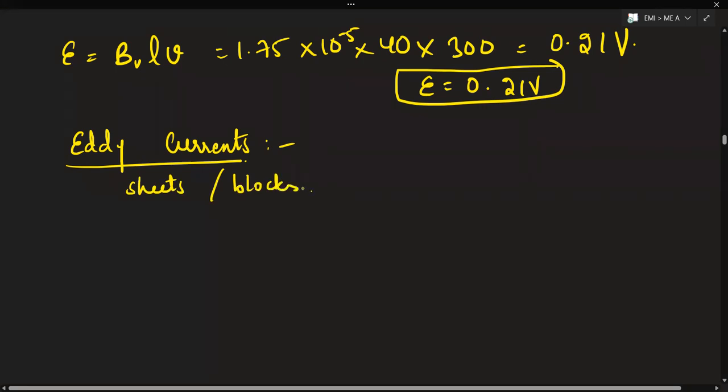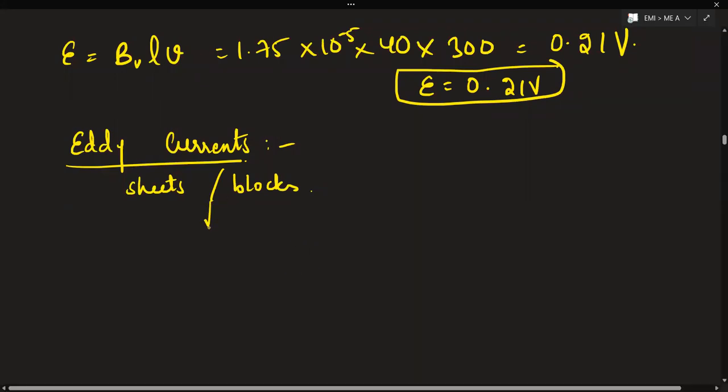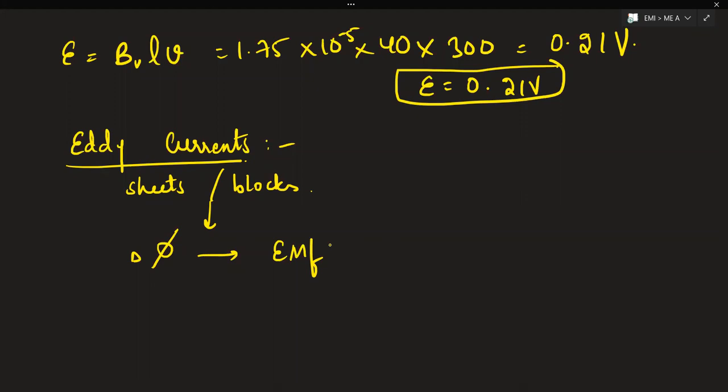Now, whenever the magnetic flux linked with a sheet or a block changes, what happens? As the flux changes, EMF is induced. So induced currents flow in closed paths in planes perpendicular to the lines of force throughout the body.